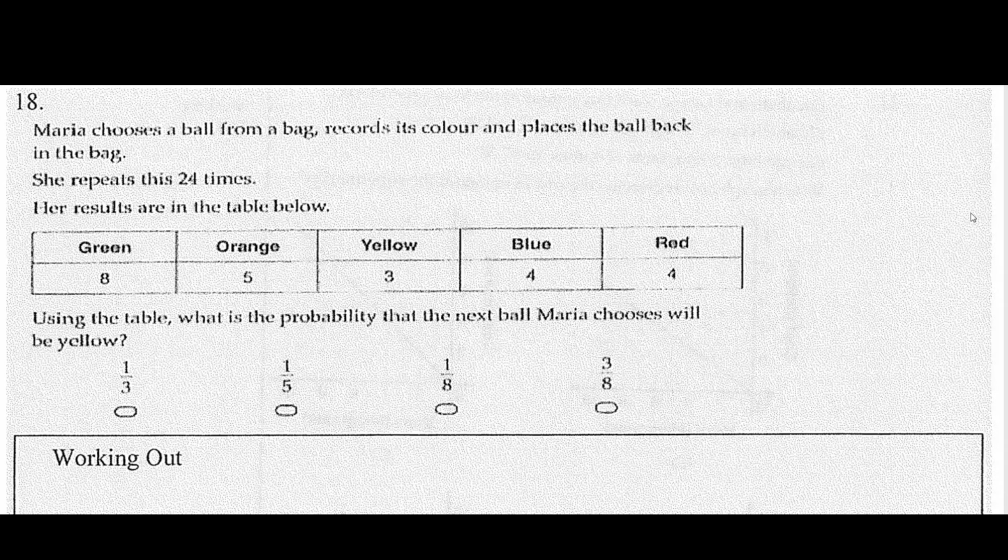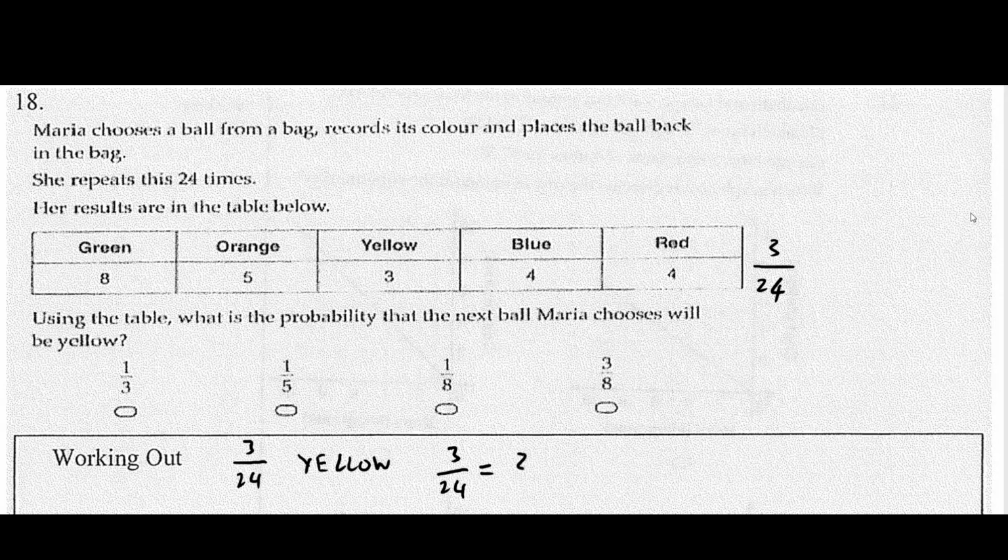We've got 3 out of 24. 3 out of 24 are yellow. Let's just check something. What I'm going to do is add up all these numbers. 8 plus 5 plus 3 plus 4 plus 4 gives me 24. Okay, so 3 out of 24 are yellow.